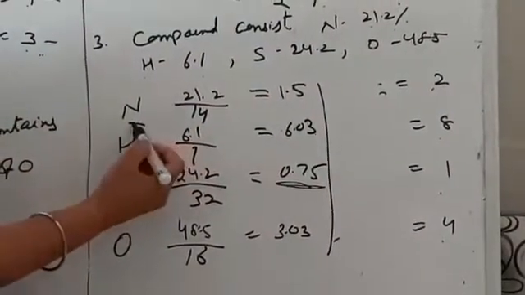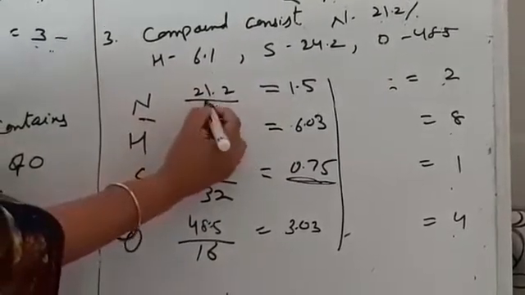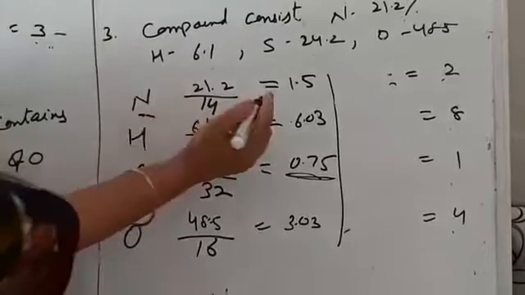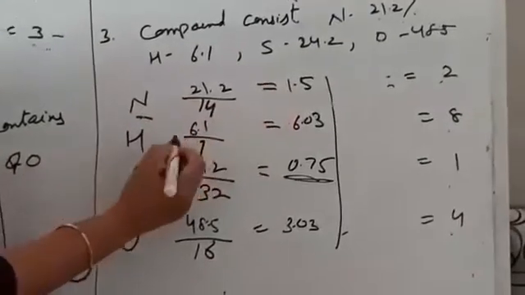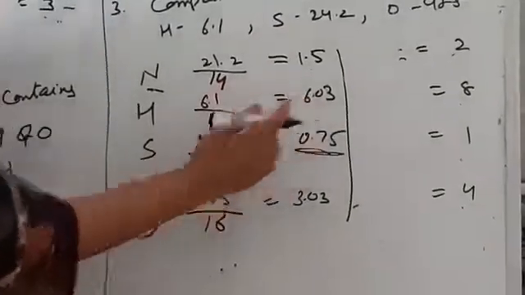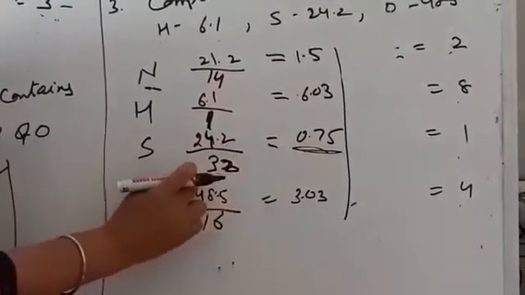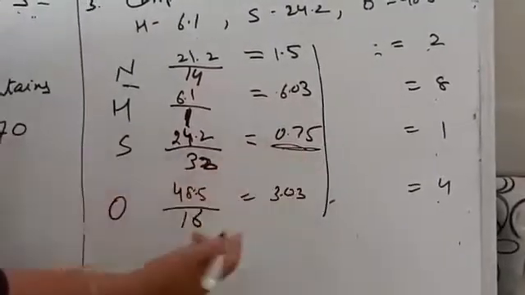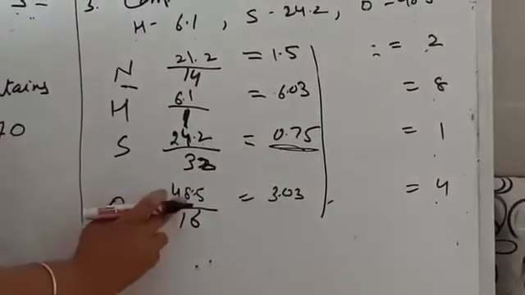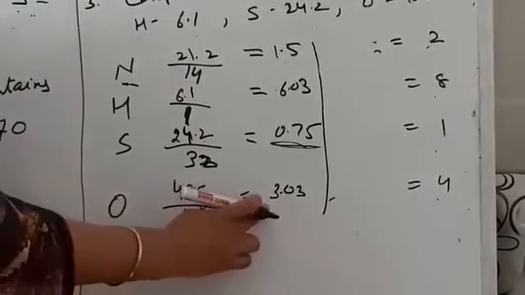Next, divide the given percentage by its mass. 21.2 divided by its mass, 14, comes to 1.5. Next, 6.1 with the mass of hydrogen 1 comes to 6.03. Sulfur's given percentage 24.2 divided by its mass 32 comes to 0.75. Oxygen's percentage 48.5 divided by its mass 16 comes to 3.03.